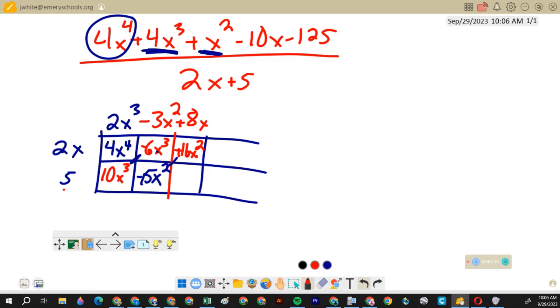And then 8x times 5 is 40x. These two need to add to be negative 10. How do I go from 40 to negative 10? Subtract 50x, good. And then we divide by 2x.